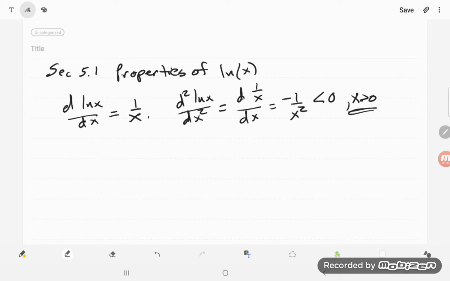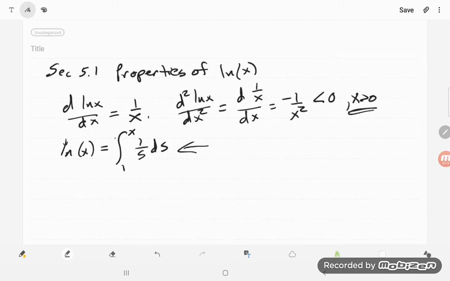And that's our domain, since we define our function, natural log of x, as the integral from 1 to x of 1 over s ds. 1 over s is not defined at 0, and since it's a definite integral, we can't go past to the left of 0.